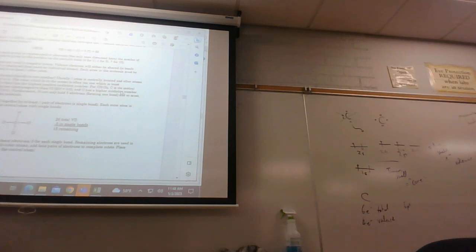This 1s orbital sees a +6 charge. This 1s orbital sees a +1 charge. Does it make a difference? Yeah, it makes a huge difference. Which one is going to have a stronger attraction? +6. And that means this 1s electron in hydrogen is going to be further away because it's not going to be pulled in. So the 1s orbital on hydrogen is bigger.